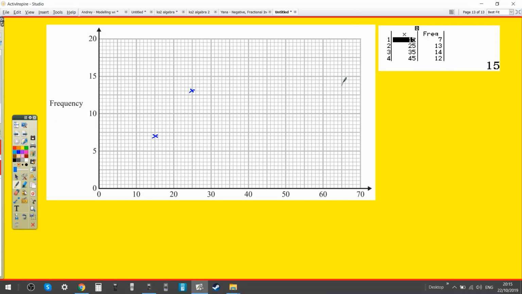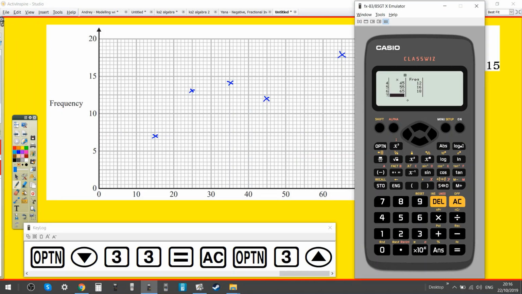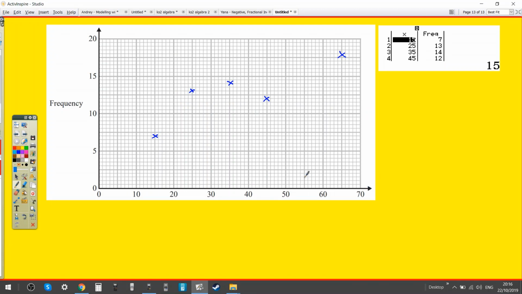You have to put in all of those. I'll put them all in then. 35 along, 14 up, whereas the teacher will say he did it wrong. 45 along the corridor, 12 up the stairs. They're cheeking me with this 2 squares for 1. And what is 55? I have to see that. 55 is 16. 55 across, 16 up.